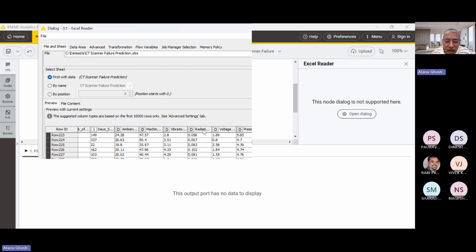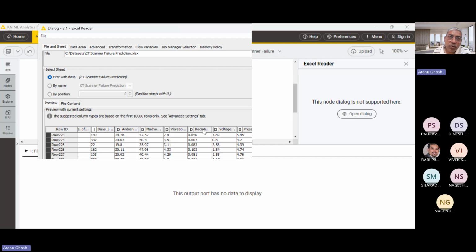And there's a formula which says that based on the radiation leakage, the machine will fail or not. In such a situation, would you still insist on building a model feature to predict whether it's going to fail or not? Yes or no?